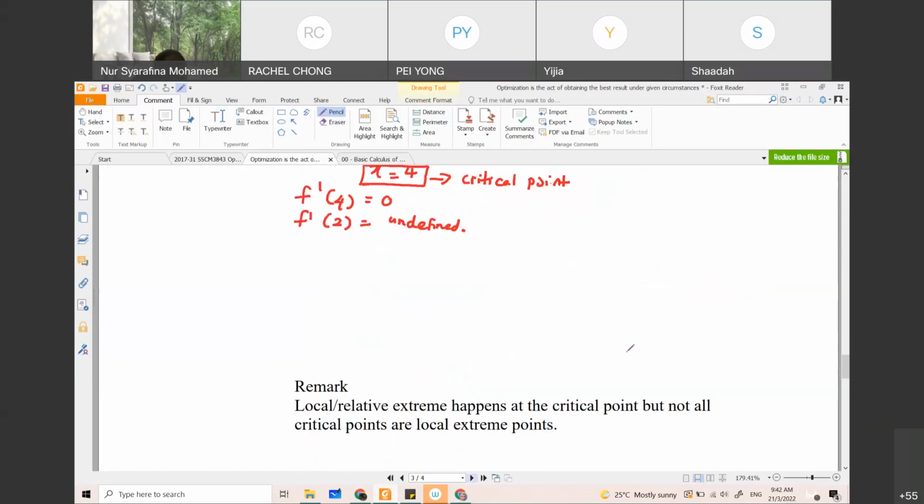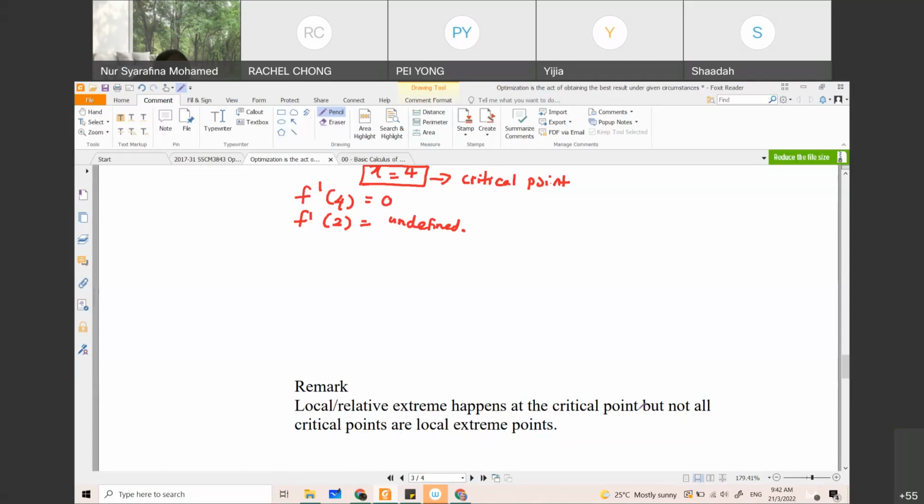Okay. So let's look at the remark here. Local extremizer happens at the critical point, but not all critical points are local extremizers.